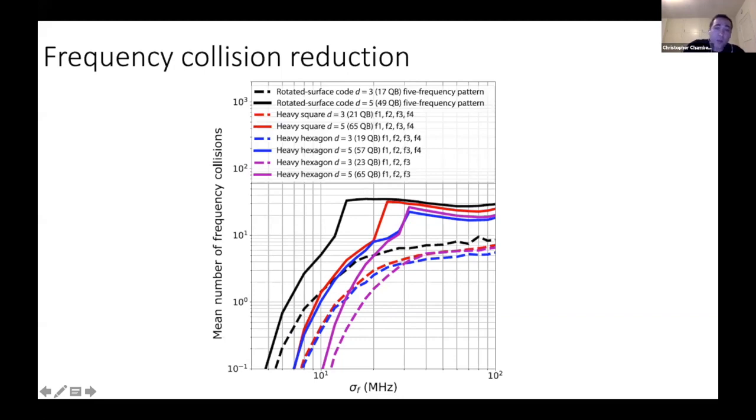And if you compare that with what you get for the heavy square code and the heavy hexagon code, you can see that in some regimes you get orders of magnitude smaller amount of frequency collisions. So that's really where you get an advantage in the fabrication process, and also to mitigate crosstalk errors that arise in these fixed frequency transmon architectures.